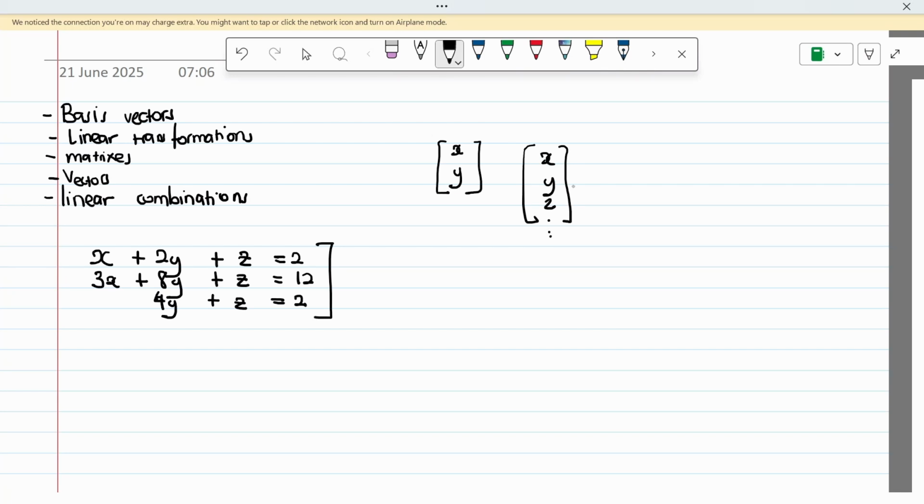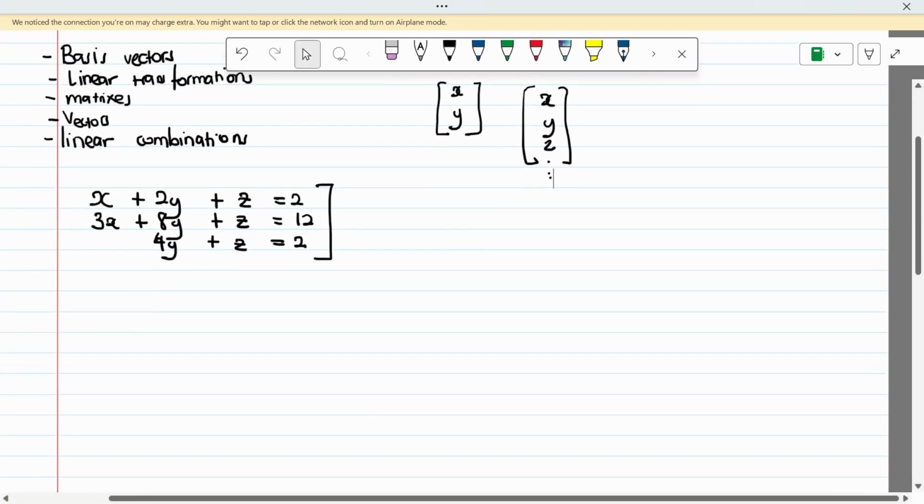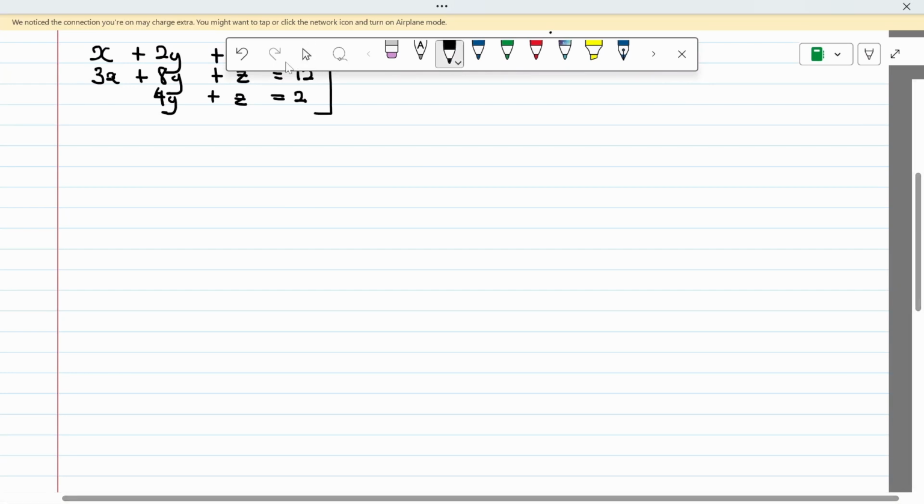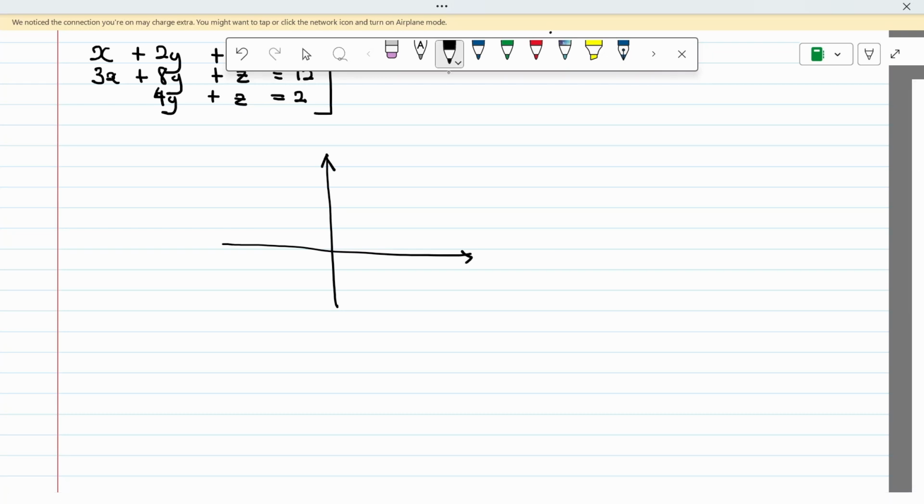Then we looked at special vectors called basis vectors, and we realized that basis vectors, for example in a two-coordinate system, were the vectors i hat and j hat, which were (1, 0) and (0, 1).